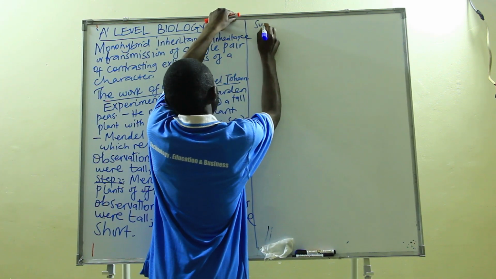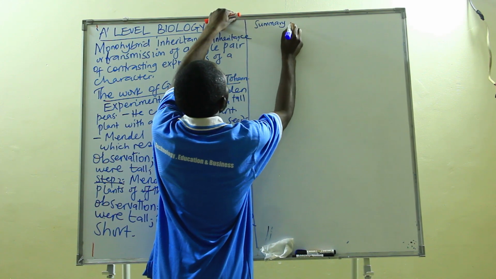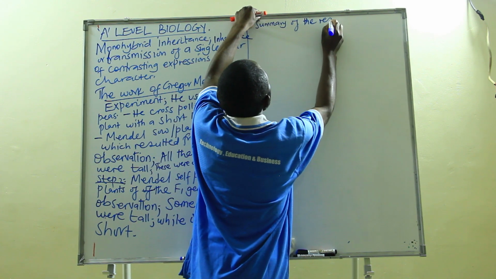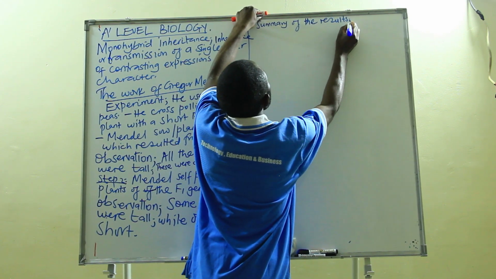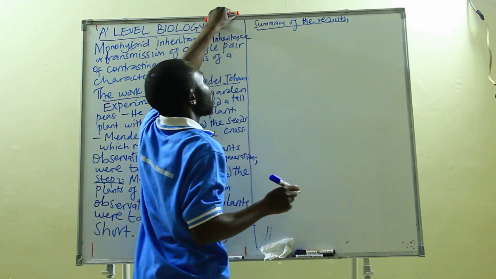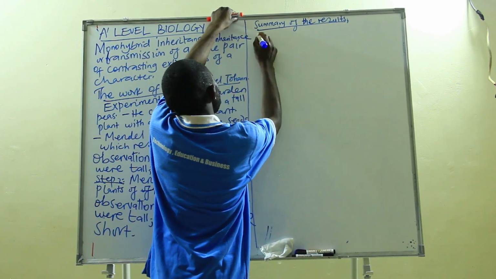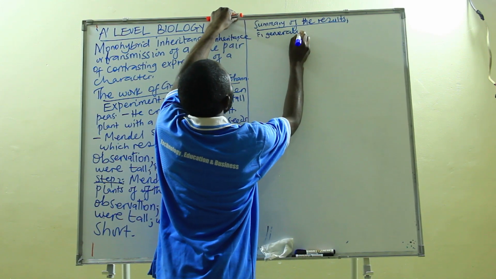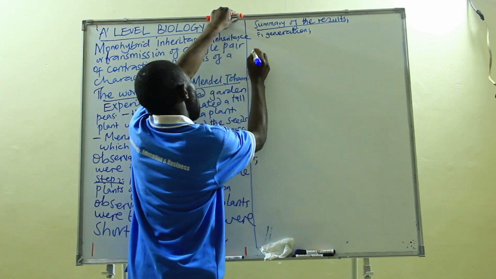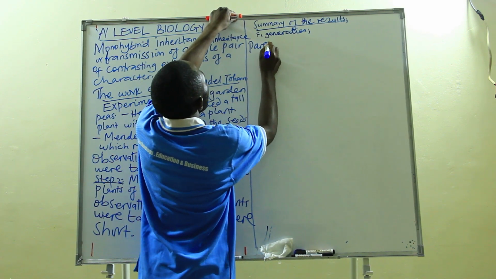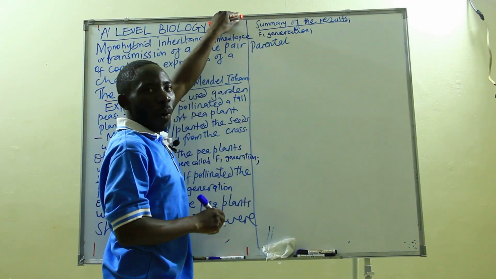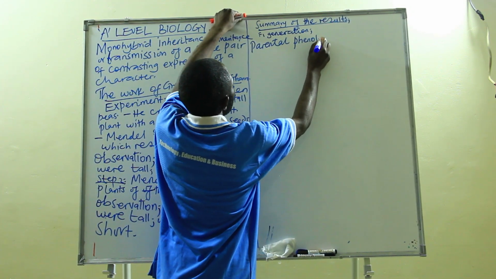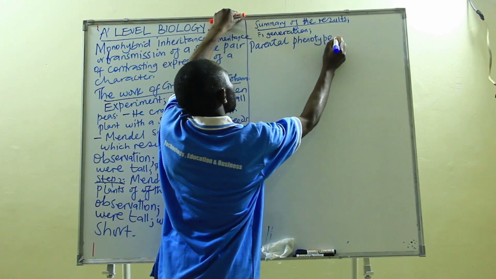So, summary of the results. We have what we call the F1 generation. We have the parental phenotype, the physical outlook of the parents.